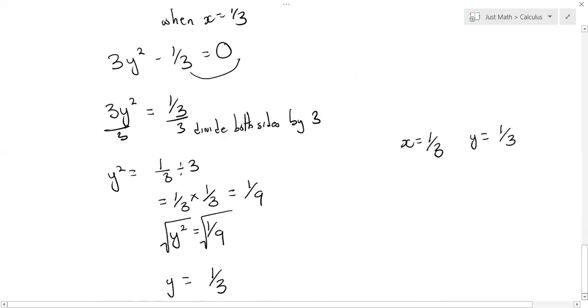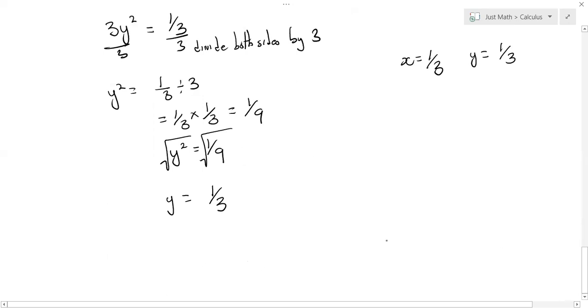Now you could actually make the argument: why didn't you use plus or minus 1/3, as the square root of 1/9 could actually be plus or minus 1/3? Fair enough. That's fair.